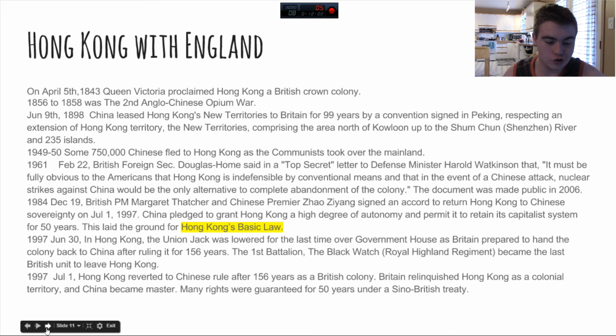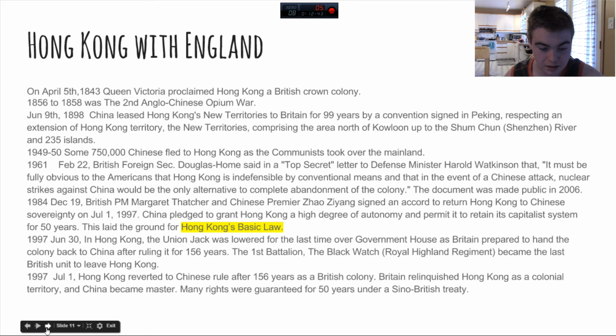Forty years later, on June 9th, 1898, just six days before my birthday, China leased Hong Kong's New Territories to Britain for 99 years by a convention signed in Peking, respecting an extension of the Hong Kong territory.